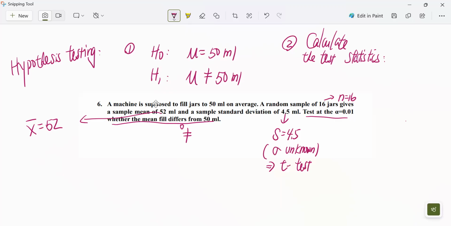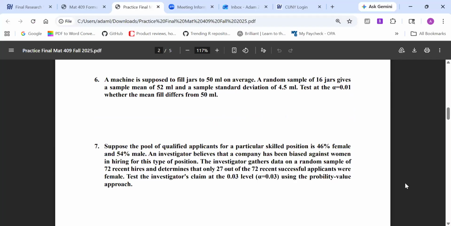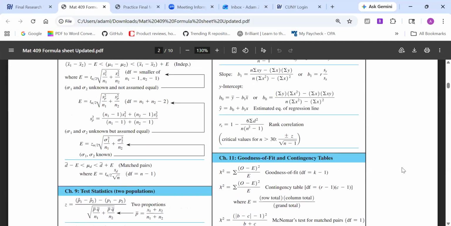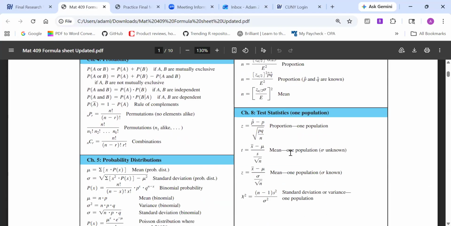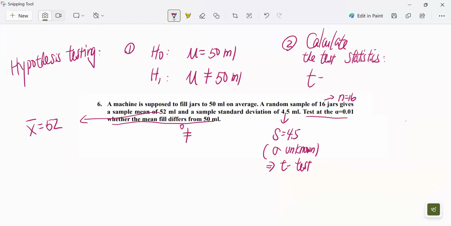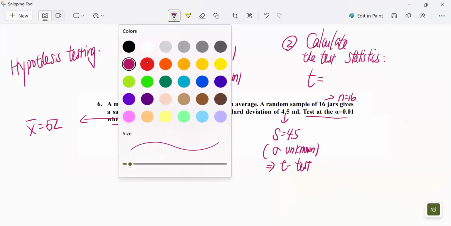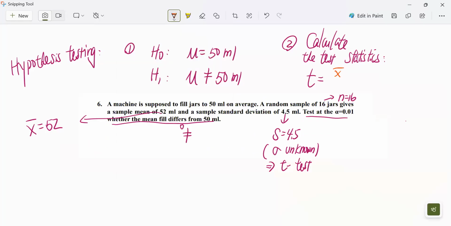So the formula we are using, I just want to point out the formula to you first. We'll go back to chapter 8, and we are using this formula here: mean, one population, sigma unknown. This particular formula. We're looking for the t-score. So the t-score equals sample mean minus population mean over sample standard deviation divided by square root of sample size.